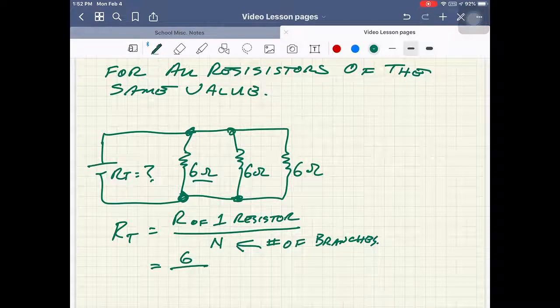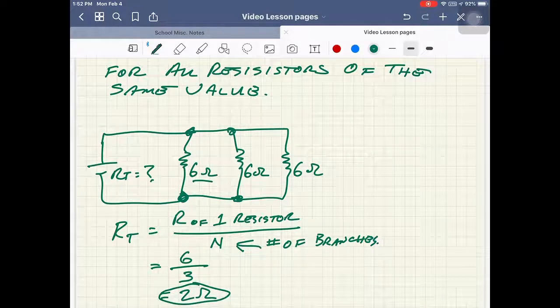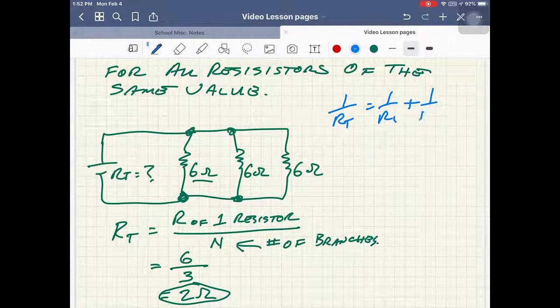They're all the same. I've got 3 branches. The value here would also be 2 ohms for this example, because I have 3 branches, all of 6 ohms. That's just an extension of the reciprocal method of 1 over RT equals 1 over R1 plus 1 over R2 plus 1 over R3.